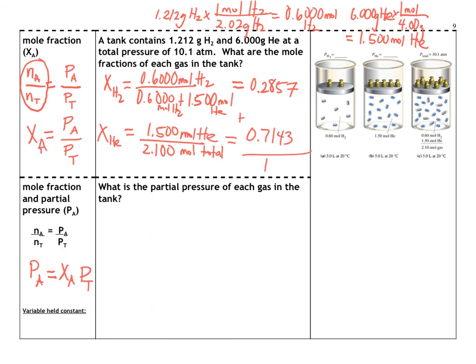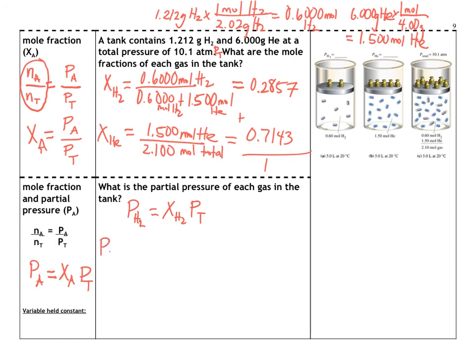And so it's just a rearrangement of this top equation that we derived earlier. And so P of each gas, specifically hydrogen gas, is going to be the mole fraction of hydrogen gas times the pressure total. And we know what the pressure total is from the previous scenario. The pressure total, PT, is in fact 10.1 atm.